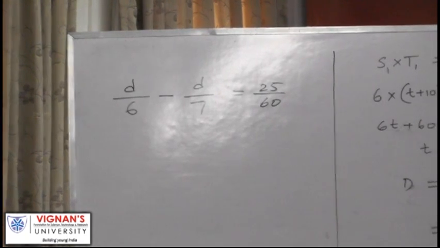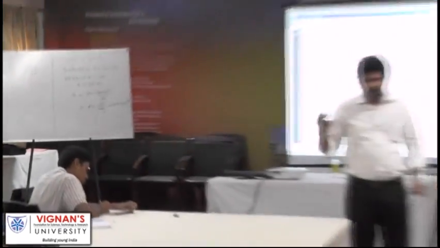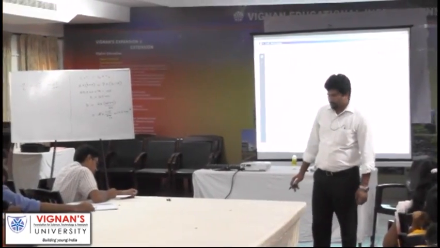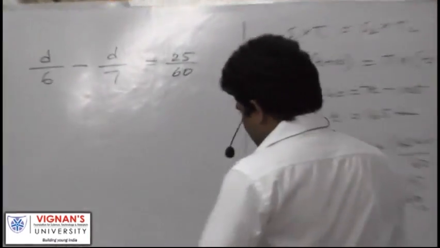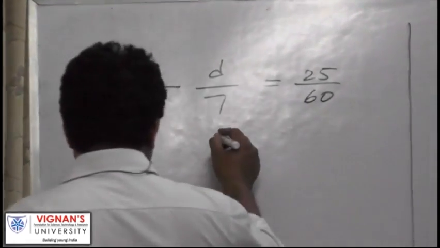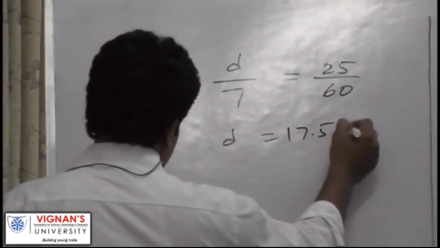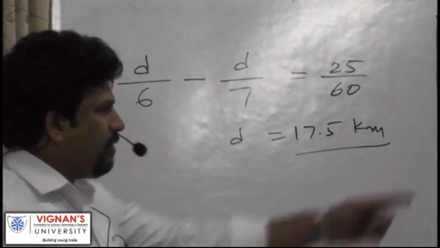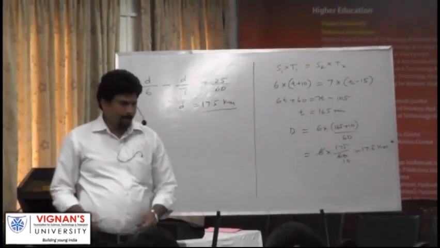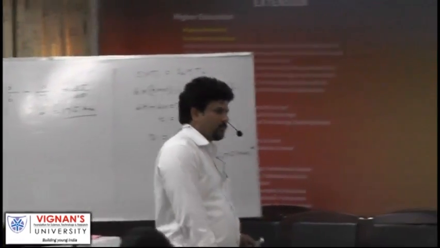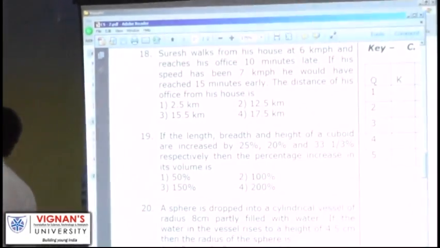We are also calculating the difference of the times and equating both of them. Right? So directly you get d as 17.5. There we were calculating time, then calculating distance. This is a direct one, right? Next problem. You want it even simpler?